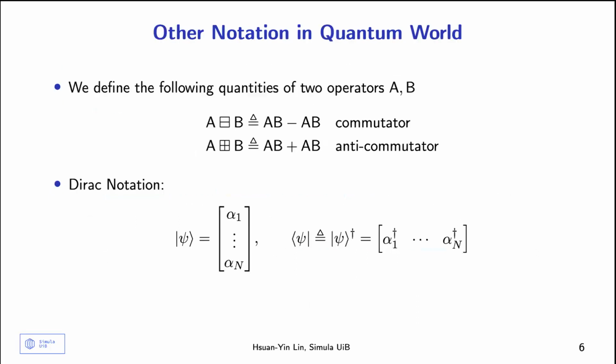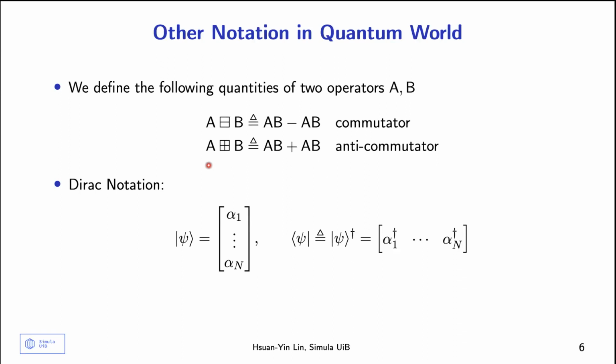I just use the other notation because that will be used later. In the matrix analysis world, you also need to define something called the commutator, which means you need to specify AB minus BA. Sorry, I think there's a typo in the slide, it should be AB minus BA. And this one, AB plus BA. Yeah, this is a typo.